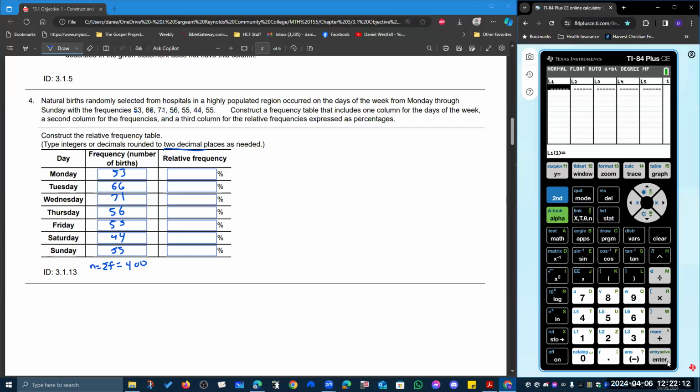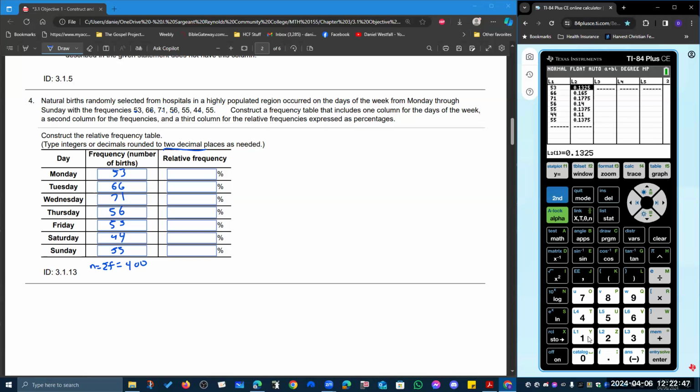Stat, edit. I'm going to put in these data values: 53, 66, 71, 56, 55, 44, and 55. I'm going to come over to list 2 and hit enter on top of it, and I want my list 1 divided by the sum of my frequencies, my n, which is 400, and I'm going to round these to 2 decimal places as needed.